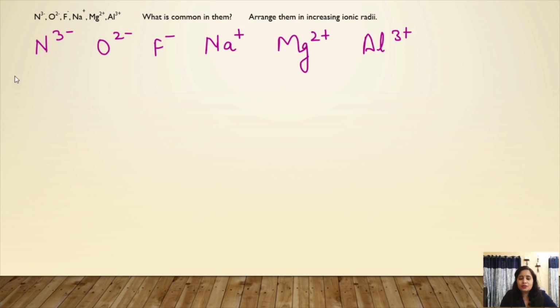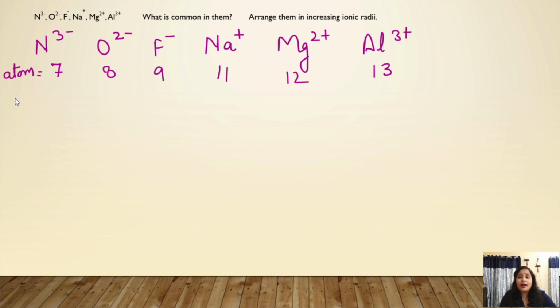As we know, in the atomic form, nitrogen has how many electrons? 7. Oxygen has 8 electrons, fluorine has 9, sodium has 11, magnesium has 12, and aluminium has 13 electrons.